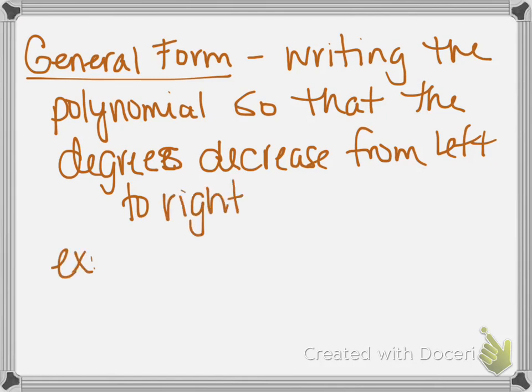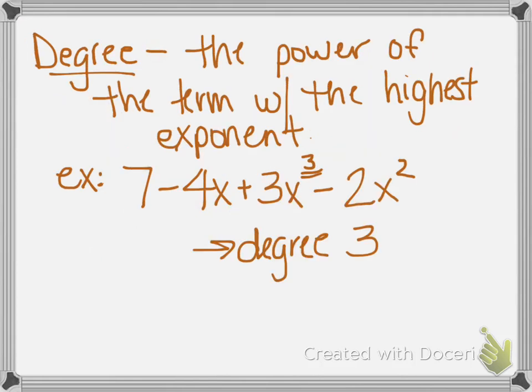So again, for example, that last one that I wrote, I don't remember the exact numbers. Let me go back. So if we look here, this would not be in general form. I would have to have my numbers decreasing from left to right.